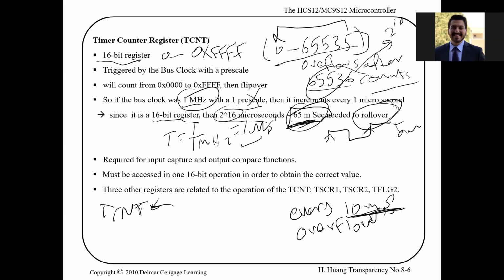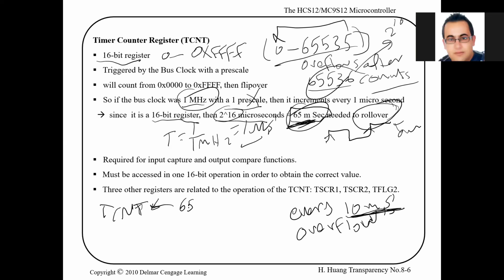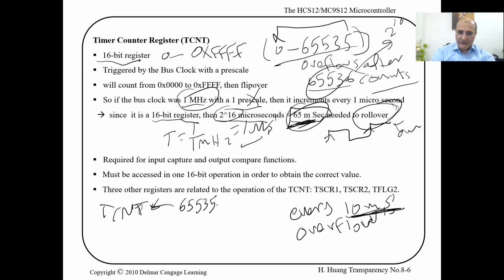10,000 counts, right? So I can write in the TCNT timer its maximum, 65,535, minus 10,000. So before overflow, write this to it. So its value will be 55,535.